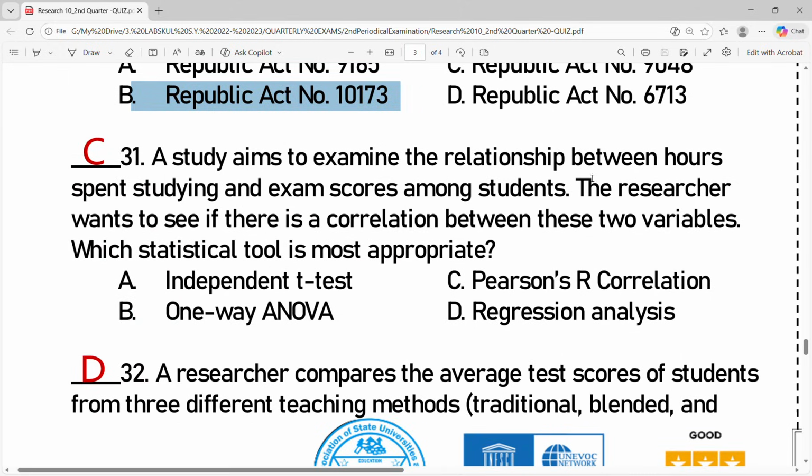Number 31. A study aims to examine the relationship between hours spent studying and exam scores among students. The researcher wants to see if there's a correlation between these two variables.